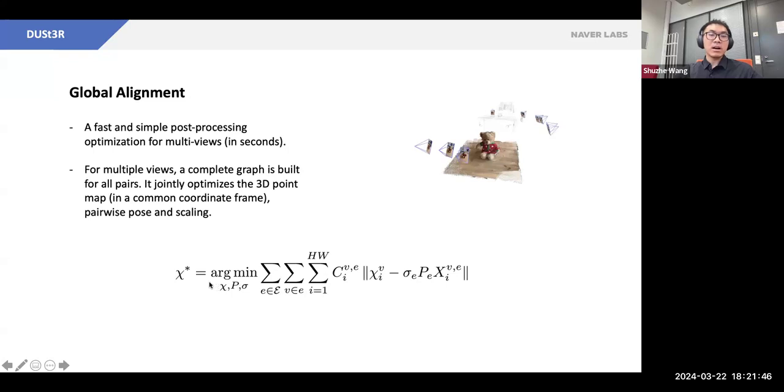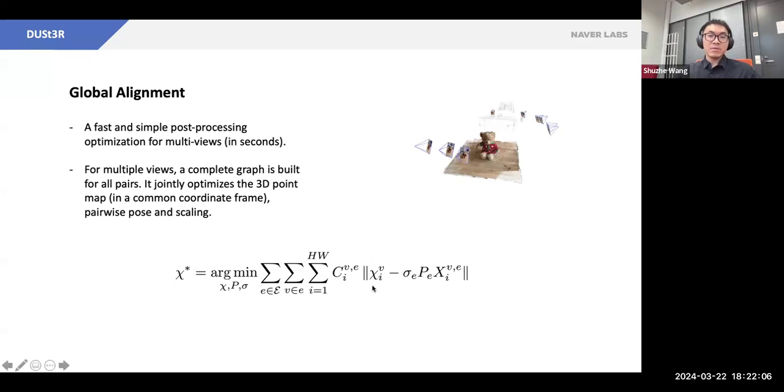The objective here is to minimize the distance, still the Euclidean distance in 3D space, to get chi, the 3D points in the common space.